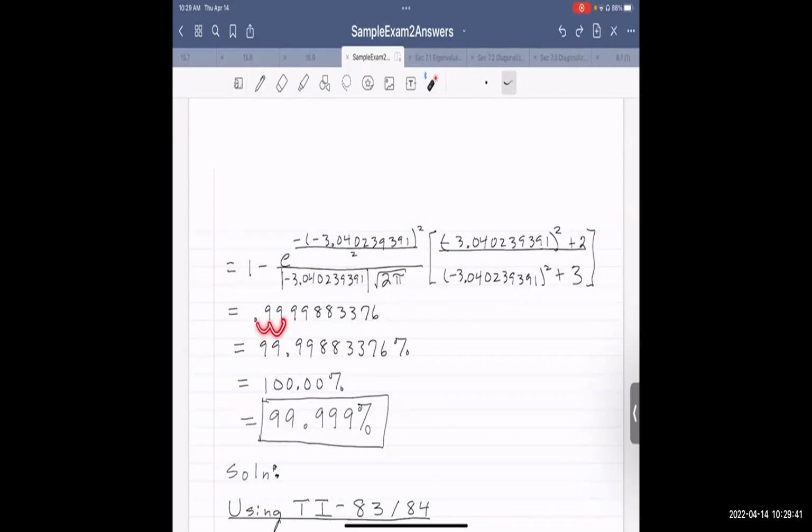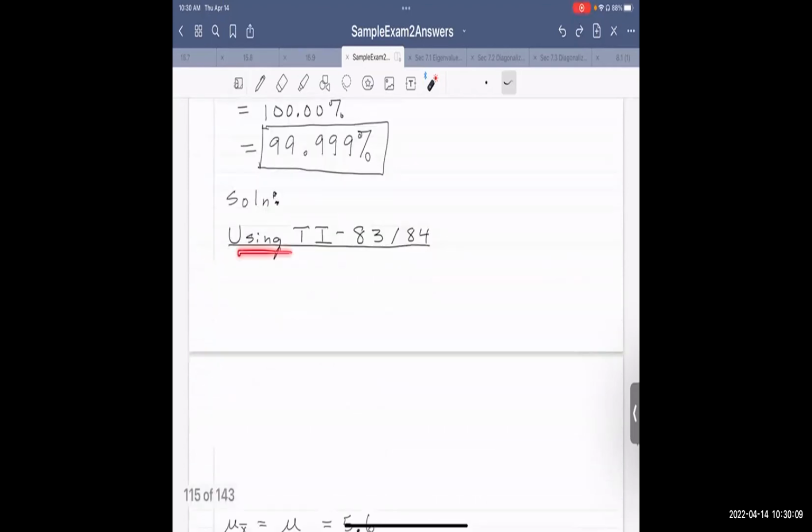Move my decimal place 2 places to the right: 99.99883376%. Round to the nearest hundredth of a percent, this makes it 1 larger, so it's 100%. Or if I round to 3 decimal places, it is 99.999%.